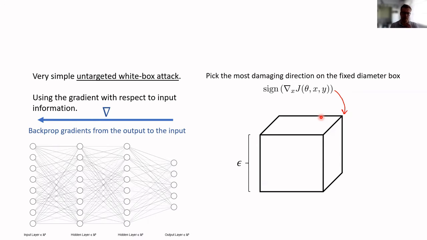The gradient with respect to input of the network tells you how to change the input image such that the output is drastically different. So all of the most powerful attacks are based on this principle that you have some gradient involved, and it assumes white box. It means that it assumes that you can actually compute it because you have access to the architecture.